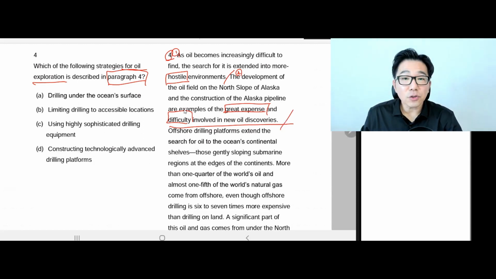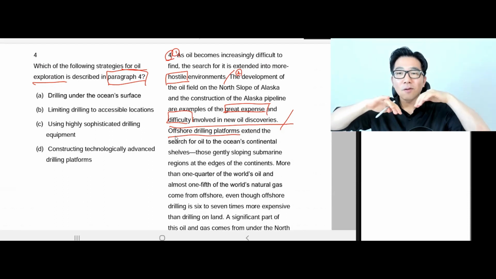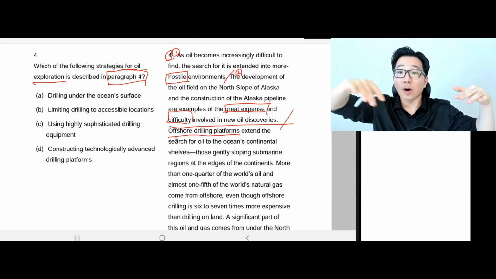Continuing. Offshore drilling platforms. So this would be another example. Or the north slope of Alaska could be an offshore platform, although it's not explicit. But anyway, it says offshore drilling platform. So what's offshore? In the ocean, a little bit or far away from the shore.